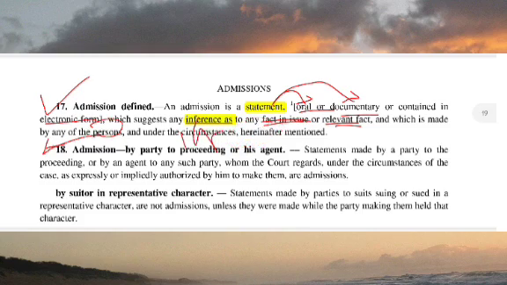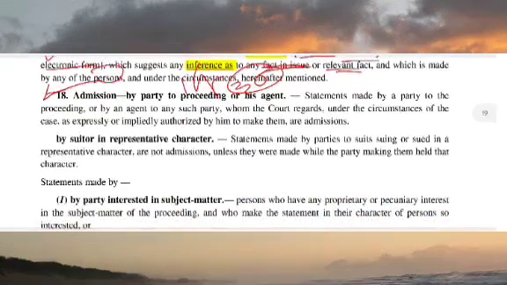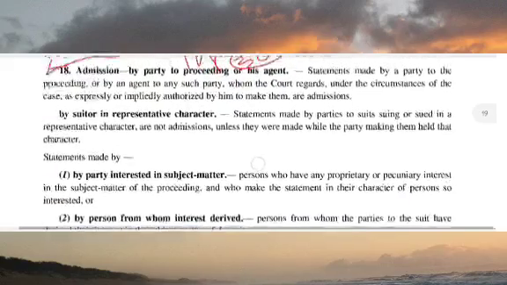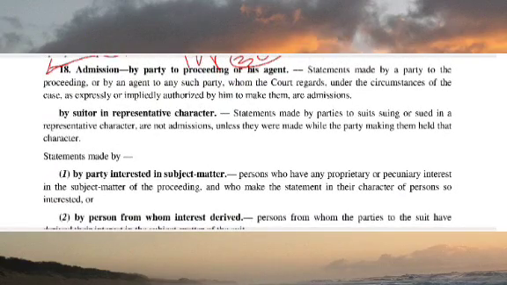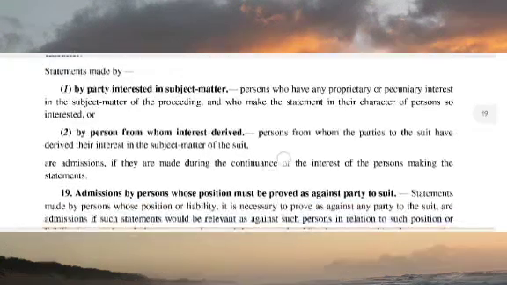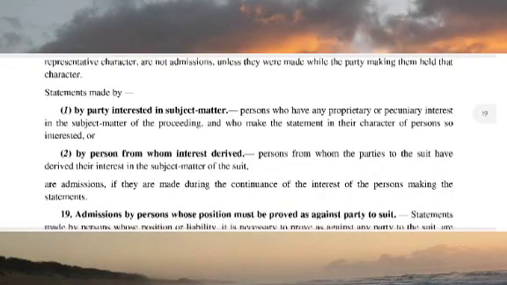So admission by party, as I have already read in the index: party, agent, may be authorized impliedly or expressly. Admission by suitor in representative character. Statements by party interested in the subject matter.